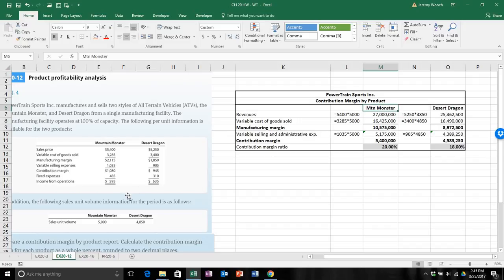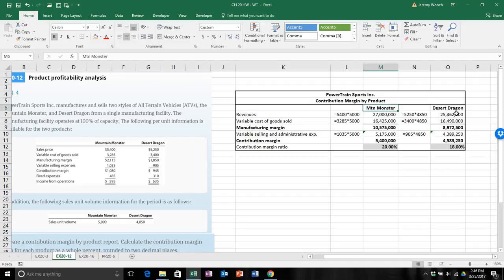The variable cost of goods sold for the Mountain Monster is $3,285 times units sold. And then for variable SG&A, we have $1,035 times units sold.